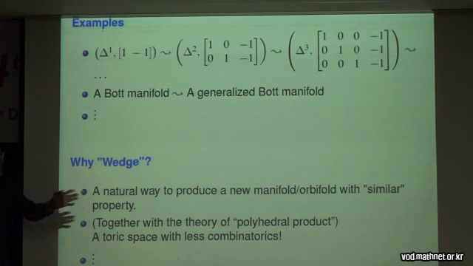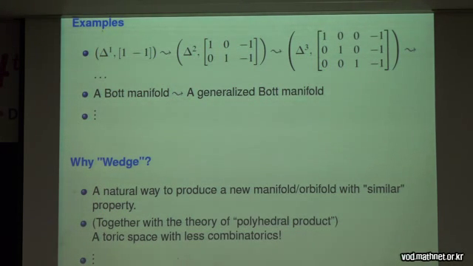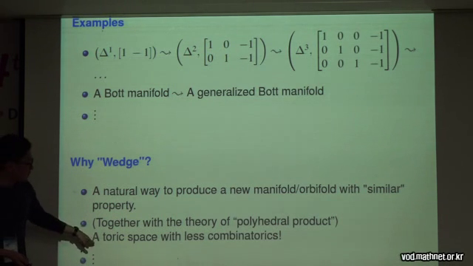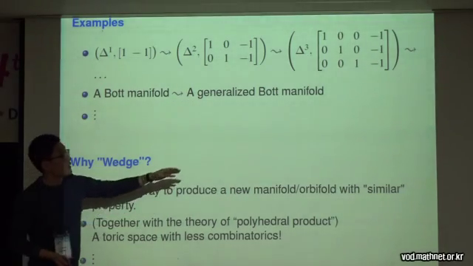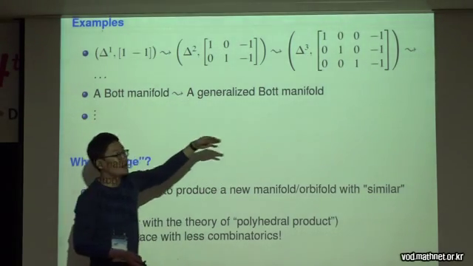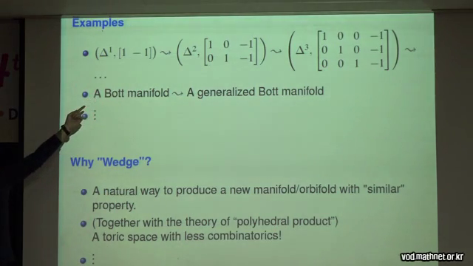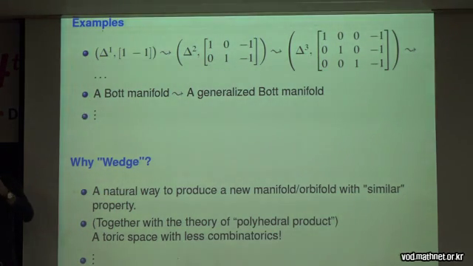This similar has many meanings, but somehow some cohomology ring can be easily read off from the original one. And then together with some theory of polyhedral product, they claim that a toric space has less combinatorics in a sense, because higher dimensional projective space comes from this one simplex and 1 and minus 1.